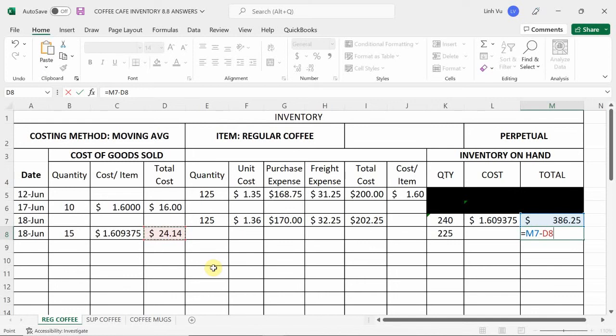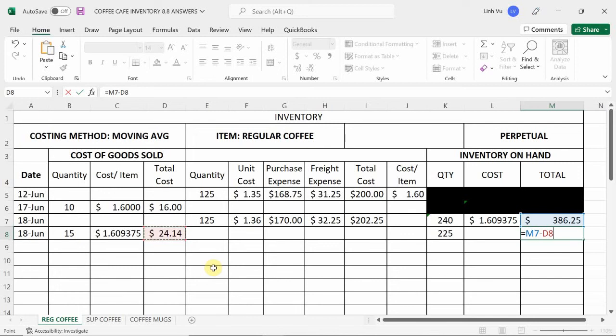Your quantity is 225 pounds now, yes, but I need to have my total cost in order to solve for my average cost per item. The formula to solve for cost per item is total cost divided by quantity, right?